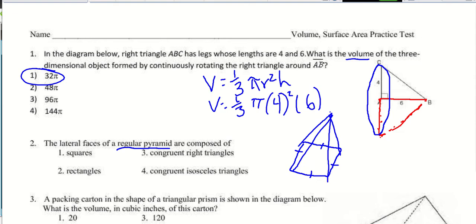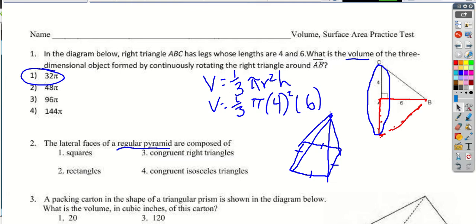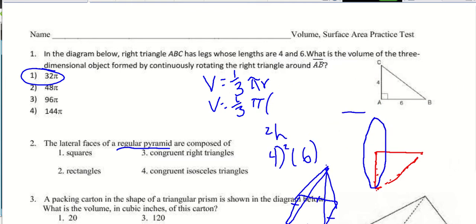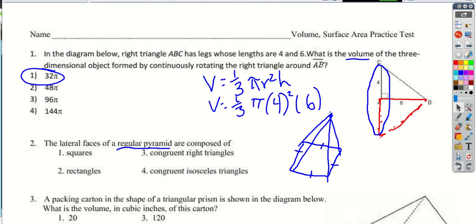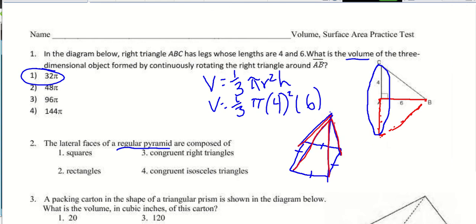Depending on how tall or small the height is, the sides of the triangles change. But these side lengths here, here, and here are all going to be equal, so these triangles in the middle are going to be isosceles.